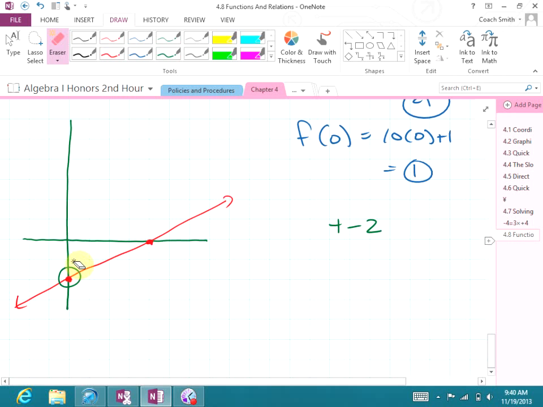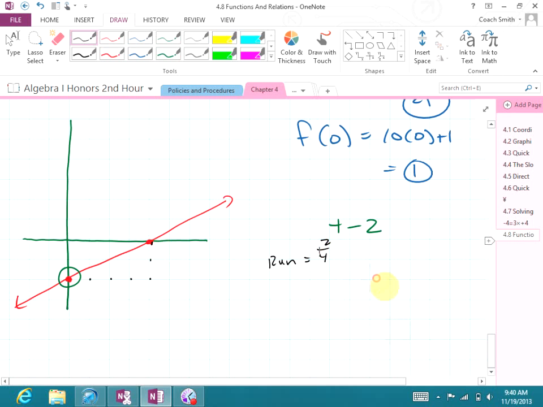If you look here, you've got 1, 2, 3, 4. So your run is equal to 4. Your rise is equal to 1, 2.